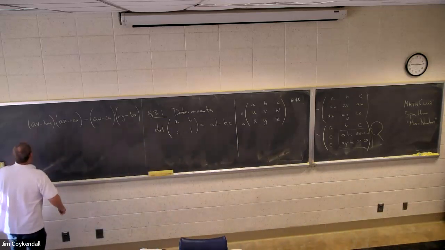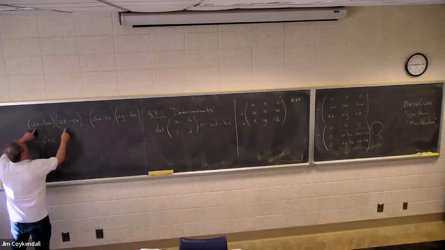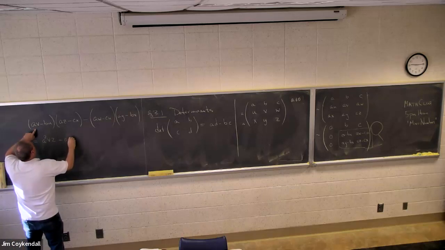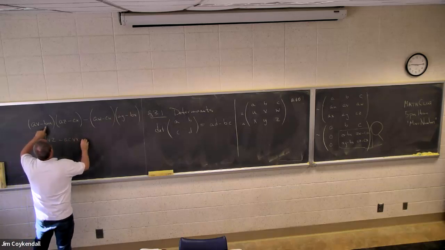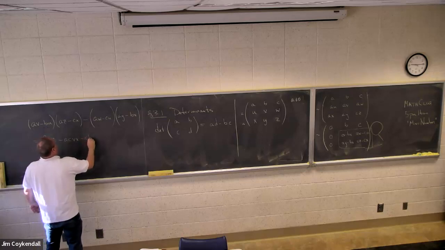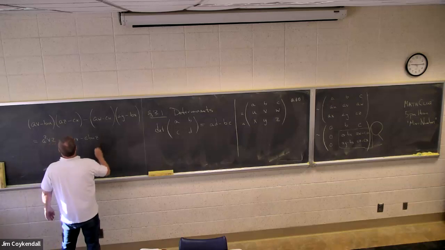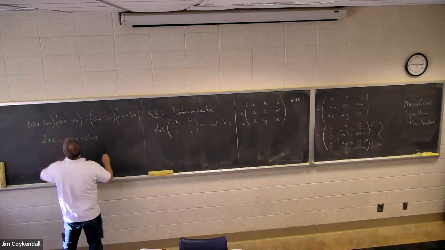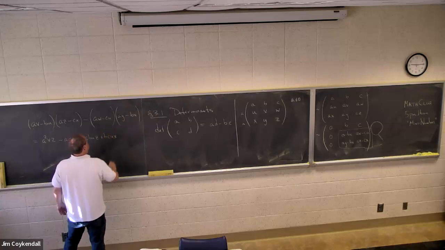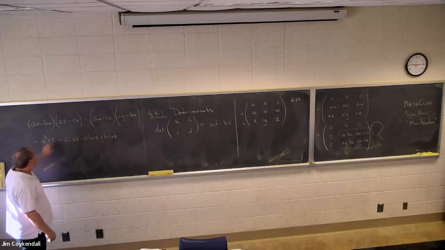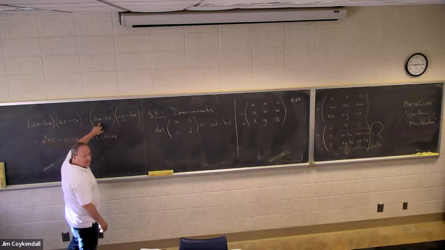Let's multiply this out. A squared BZ minus AC DX minus ABUZ plus ABUZ plus ABCUX. Right? That's multiplying on this first method. Don't forget my minus here.